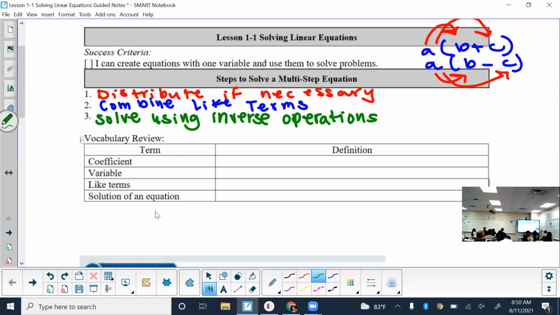Now, some vocab that we need to go over before we just jump right into it, because I use these words a lot, and if you don't know what they mean, it does make it a little hard. So you might have heard them before, or maybe just forgot. But what is a coefficient? Usually it helps if I have an example, so let me write an example up here.